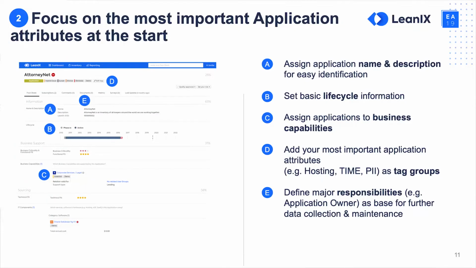So when it comes to setting up your portfolio, it basically starts with assigning some basic information. So don't go for it all, but go for obviously name and description. Description, very important. If you do the capability mapping later on, you might have figured out that we brought in some automation and automated recommendations into it when you have descriptions on both ends, to make it much easier to relate business capabilities and applications once they have the descriptions set.